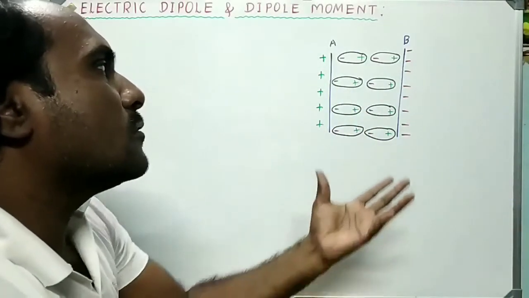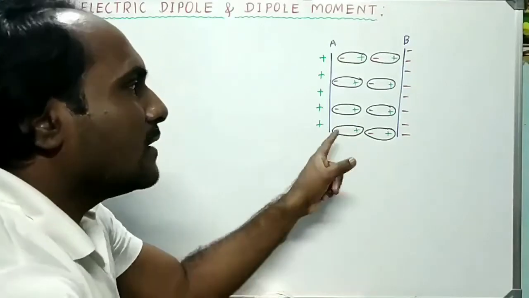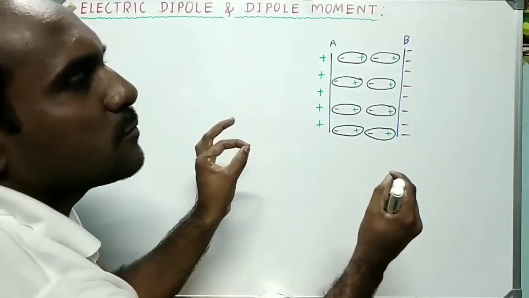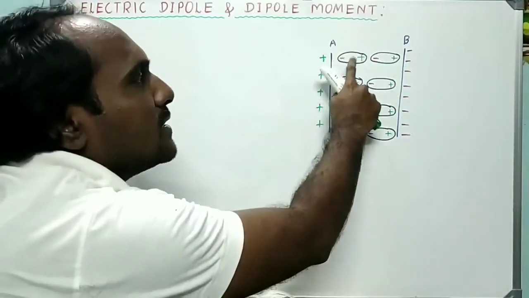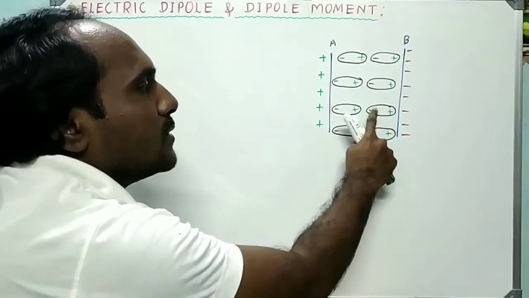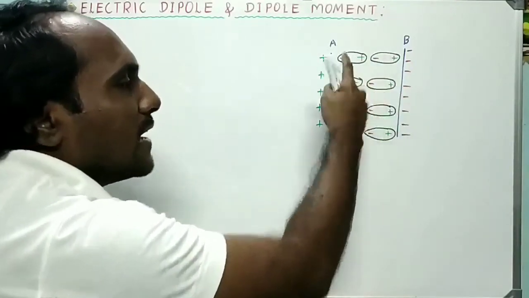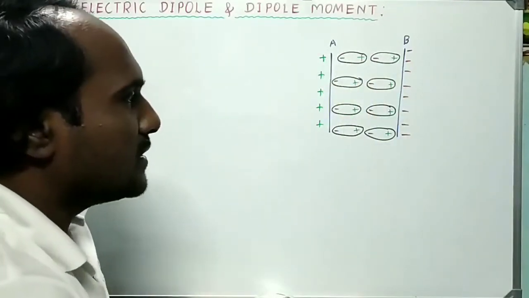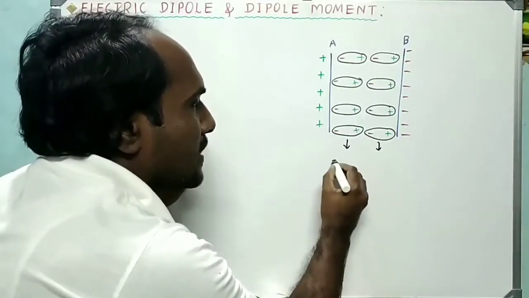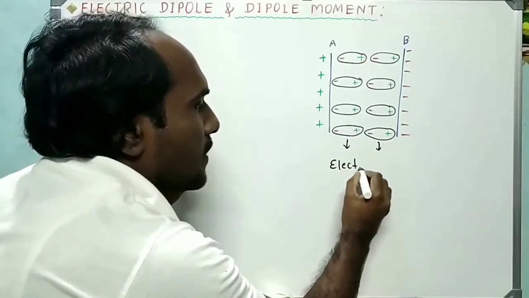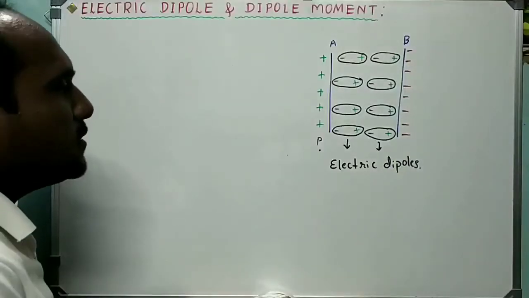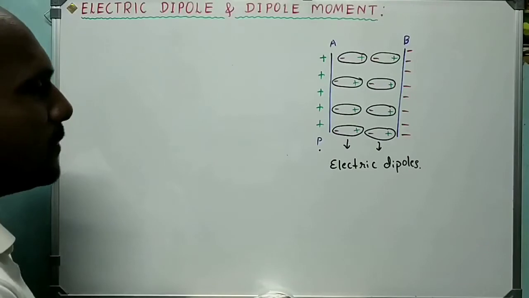When those molecules are placed in the electric field, the charges present in them are slightly displaced, and these displaced unlike charges, which are equal in magnitude, are known as electric dipoles.